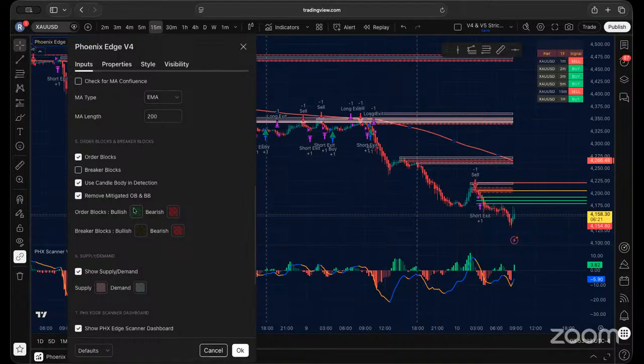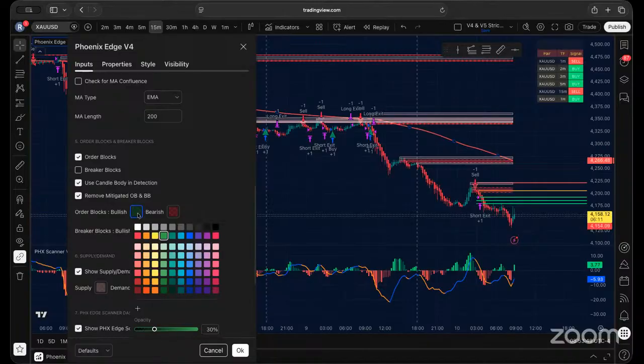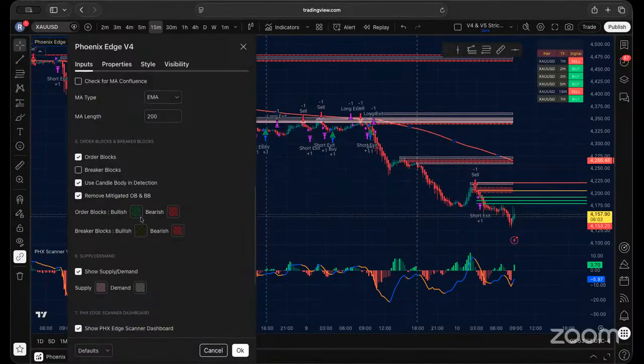For me, I like to associate things with colors. So if it's red, I'm always going to assume sell. If it's green, I'm always going to assume buys, right? But you have the ability to customize it. I've seen people have orange and yellow or red and pink. Whatever you want to customize it to, you just change your order block colors here.